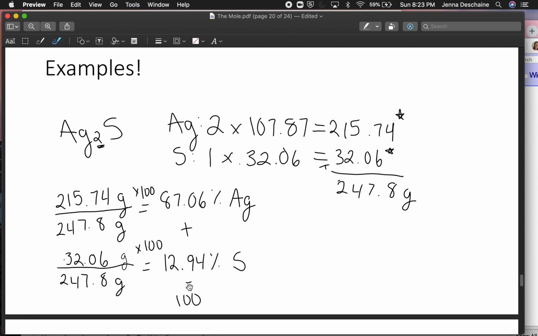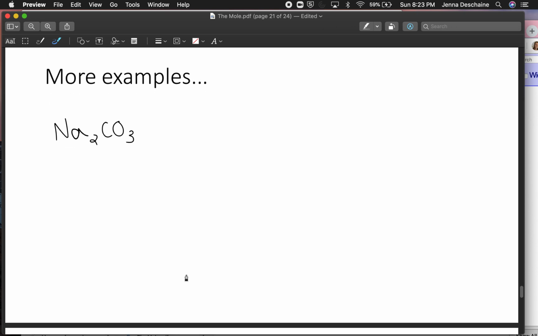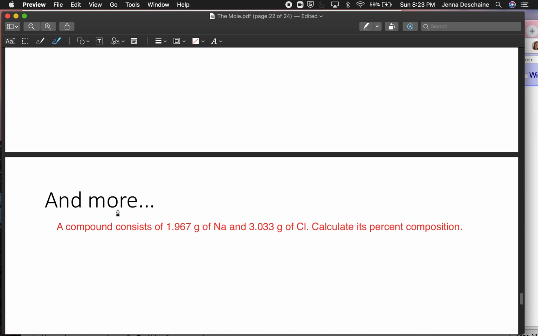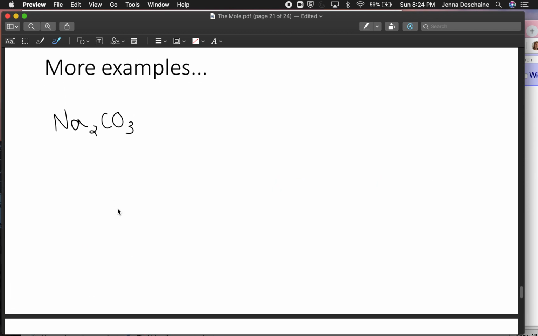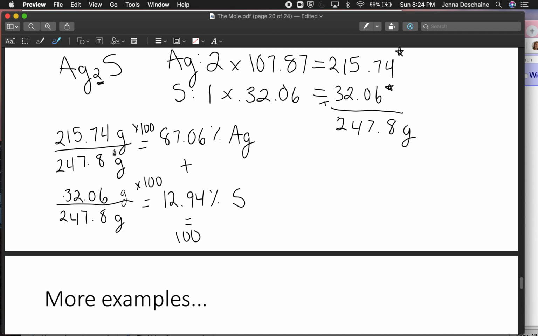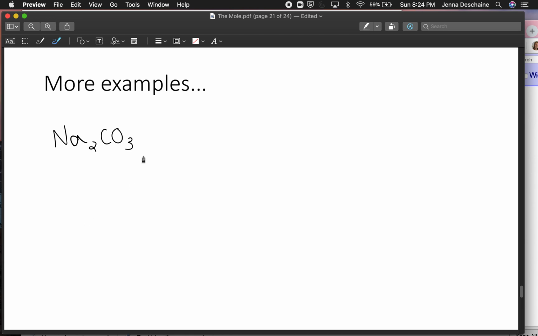Okay, so that is example number 1. So I have 2 more examples. This is going to be very similar to the one I just did, and then this one is a little bit more tricky. So I recommend that you stick around, but if you feel like you got this part of it, you can skip ahead to this part, but I'm going to do this one just in case.